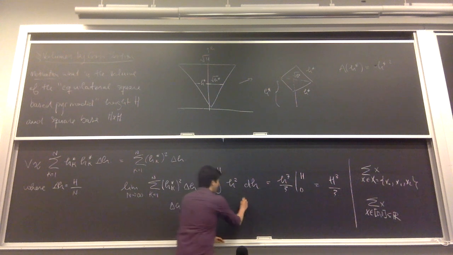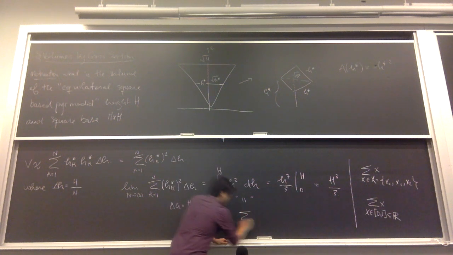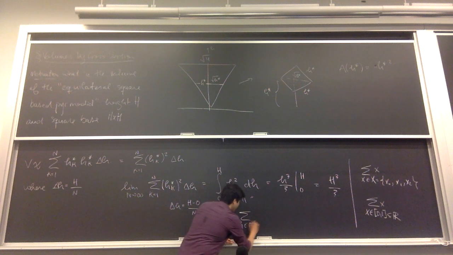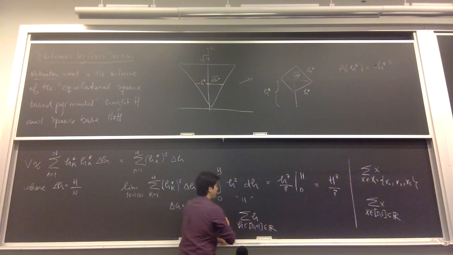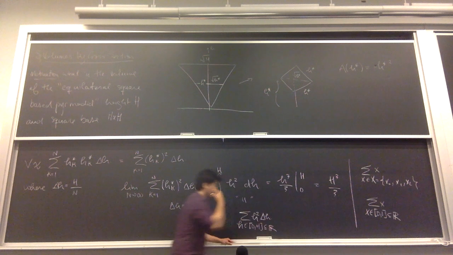Right? I'm putting quotes because it's definitely illegal. The sum for every h, yeah, the math police will come and get me. For every h in the real interval 0 to h, and I want to add h squared delta h.